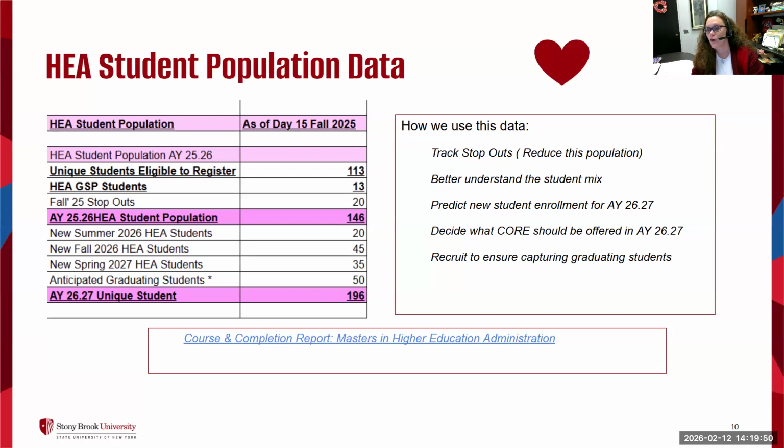So you can know before you run your graduation rosters and say how many people are coming, the course and completion report will pick it up based on student actions. But it's important, especially in our space. If we have 50 students graduating, we need 50 plus. We have to make sure that we're recruiting not 10, we need 50 or 60 students to make up the gap.